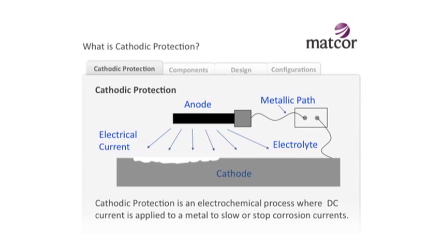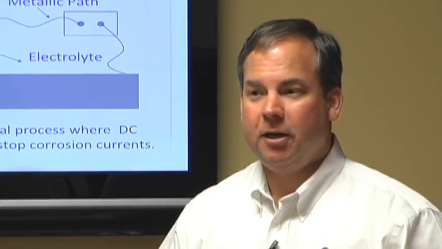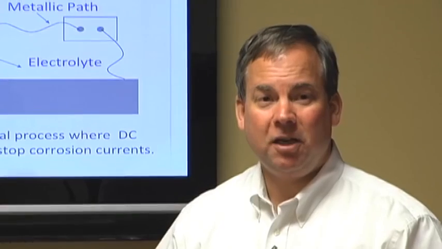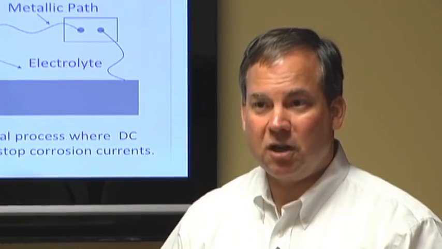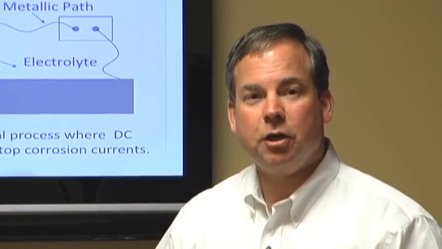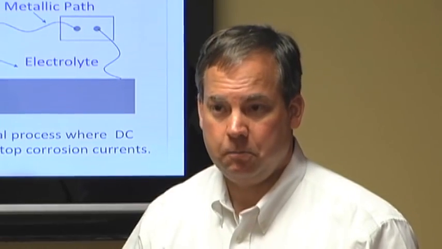One other comment here. If the structure is in such bad condition that it's mostly rust and very little meat left, very little solid metal, and you put cathodic protection on it, it could still fail.